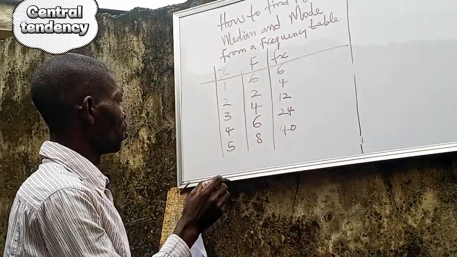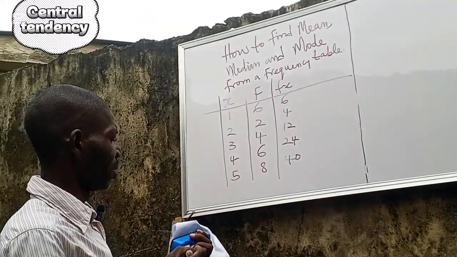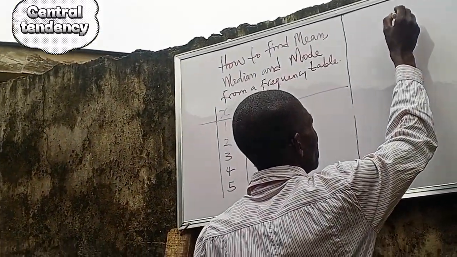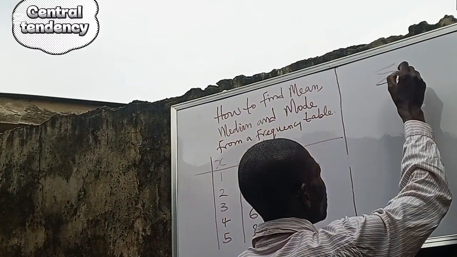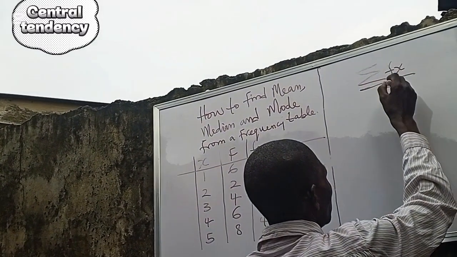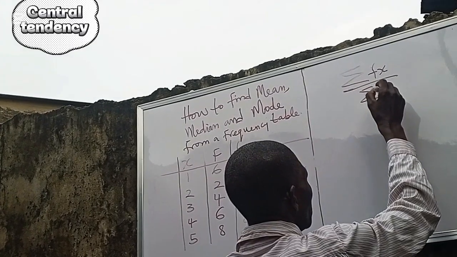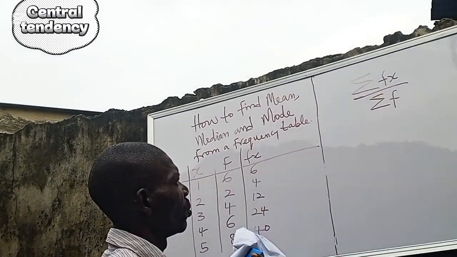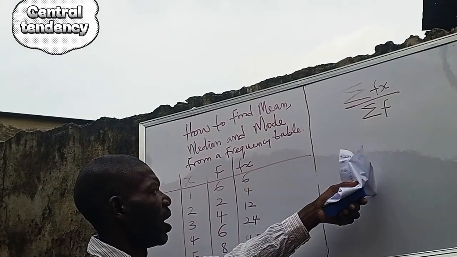So to get our mean, you simply apply this formula, which is summation fx over summation f.